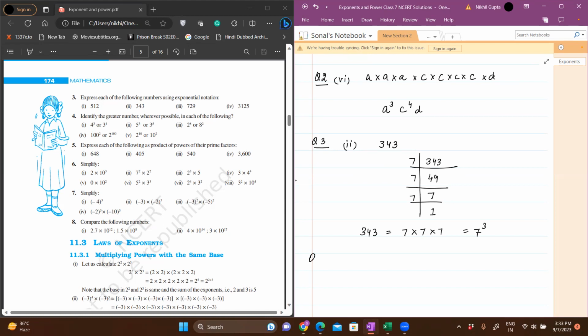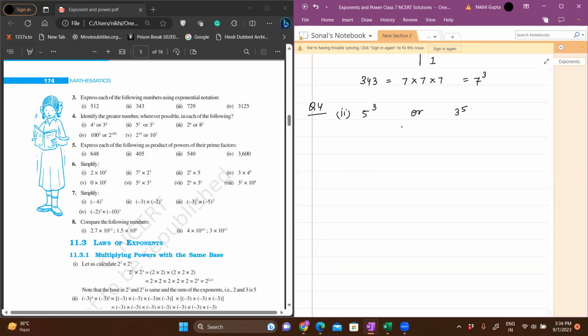Next we come up to question number 4. Identify the greater number, wherever possible, in each of the following. So if I am taking the second part here, 5 to the power 3 or 3 to the power 5, which one is greater? Let's quickly find out the value of 5 to the power 3. 5 to the power 3 is equal to 5 into 5 into 5, 3 times. 5 5s are 25, and 25 5s are 125. 3 to the power 5 means 3 into 3 into 3 into 3 into 3, 5 times.